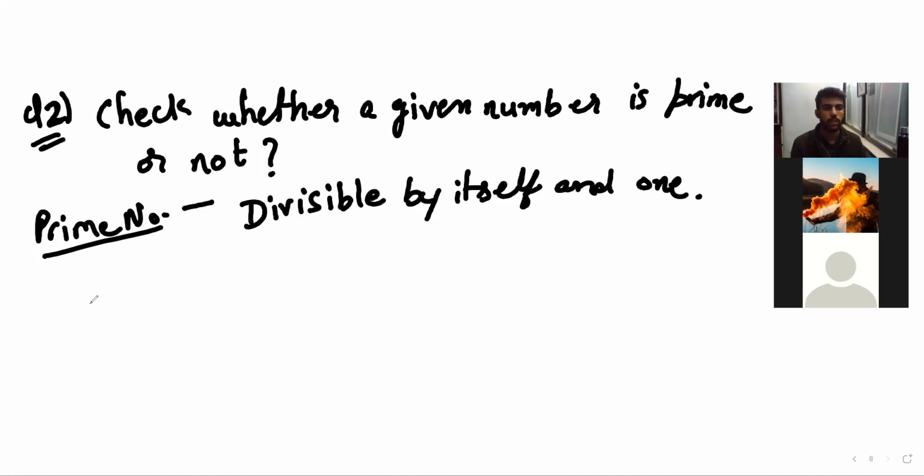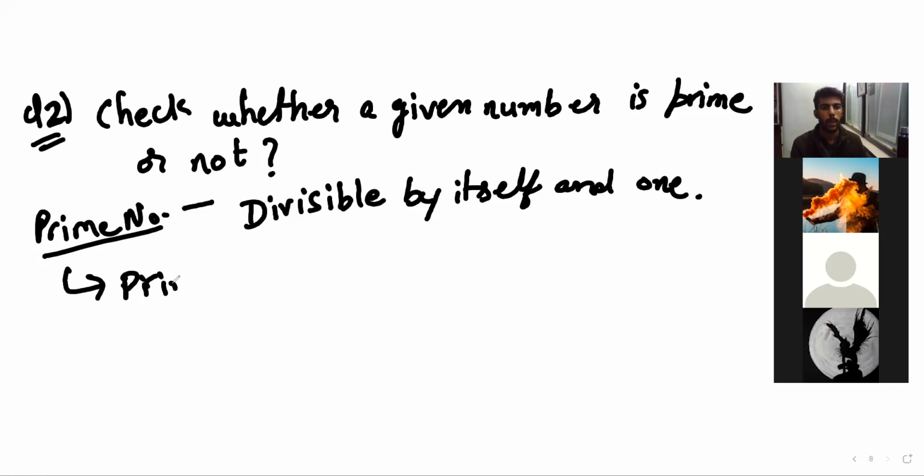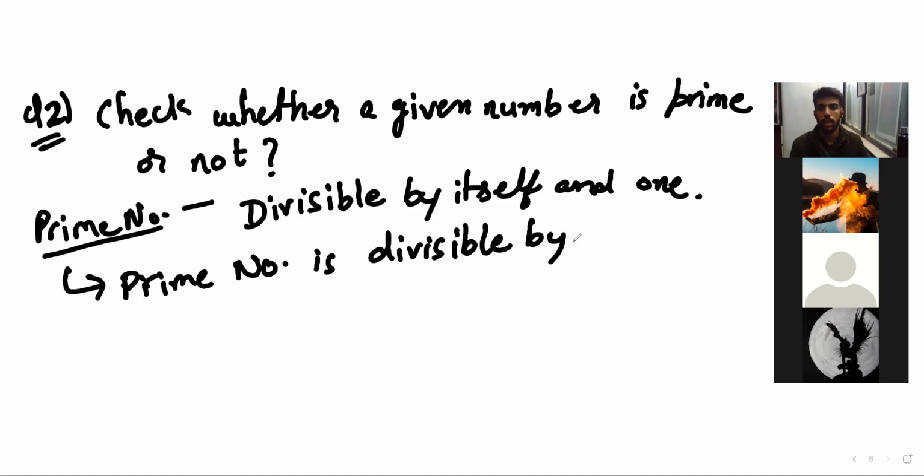Yeah, the smallest prime number is 2, because the real definition of a prime number is that a prime number is divisible by exactly 2 numbers.